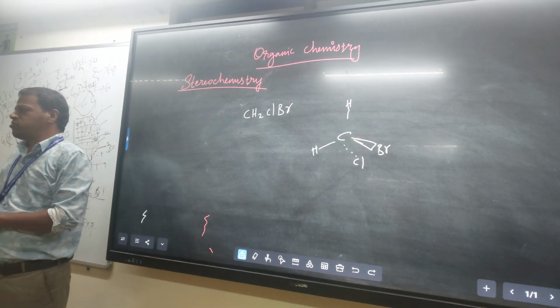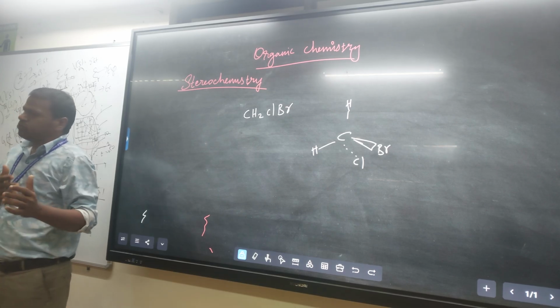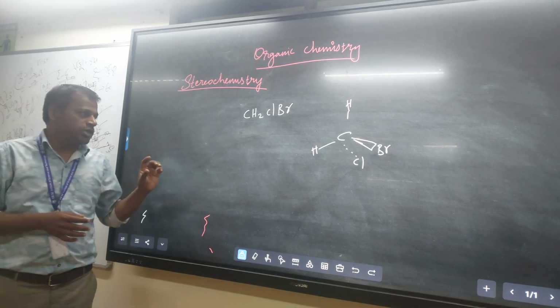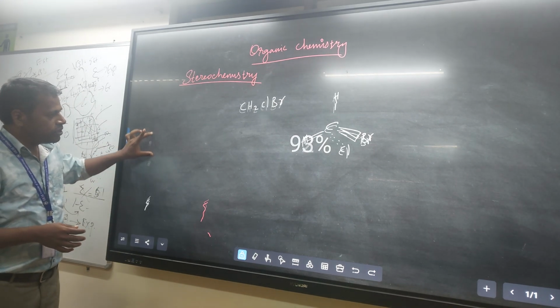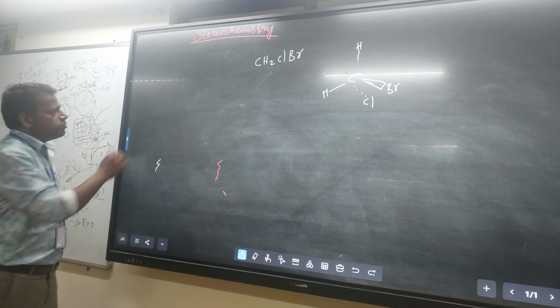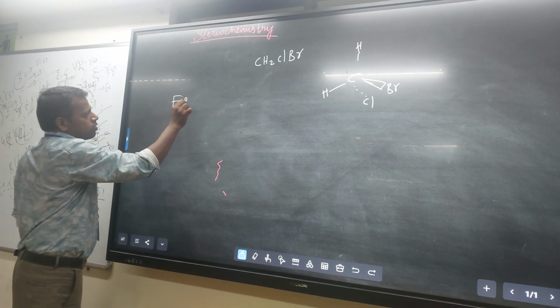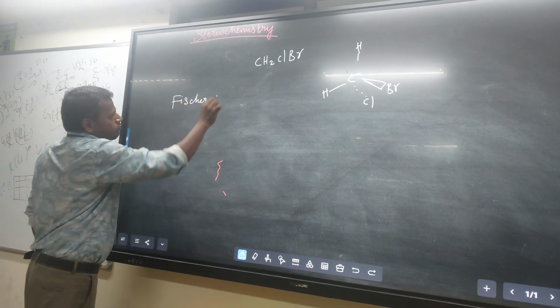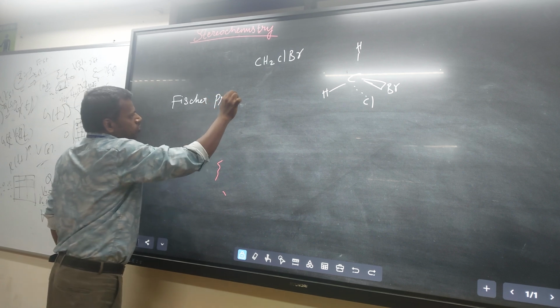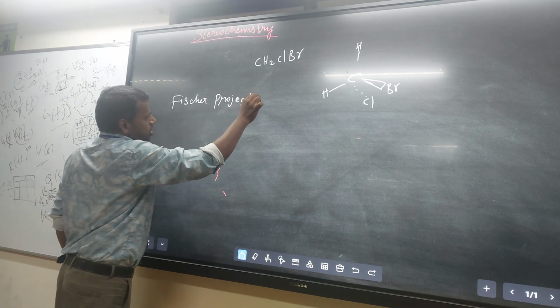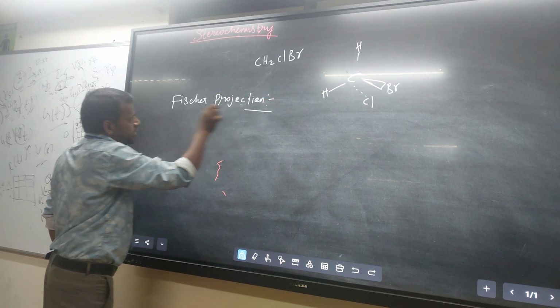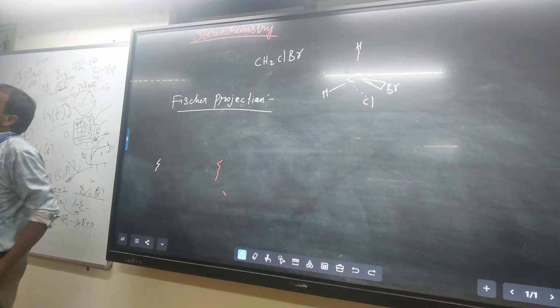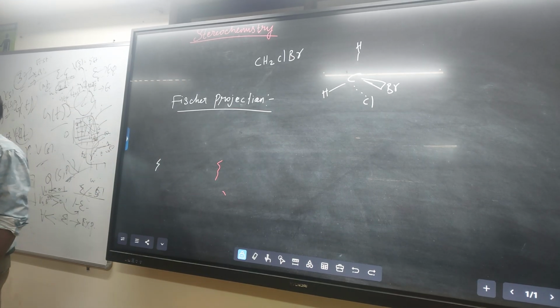Here, the first projection is the Fischer projection. So, what is a Fischer projection? Through Fischer's idea, we can look at the molecule in a three-dimensional way.